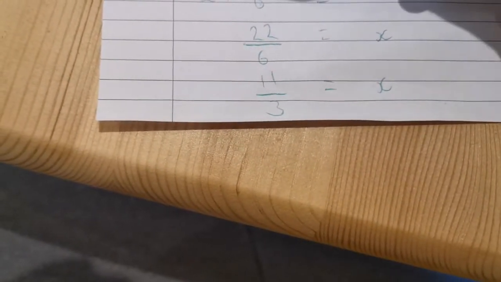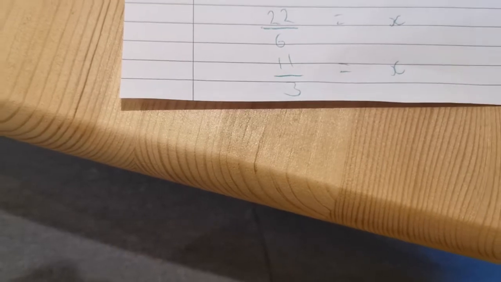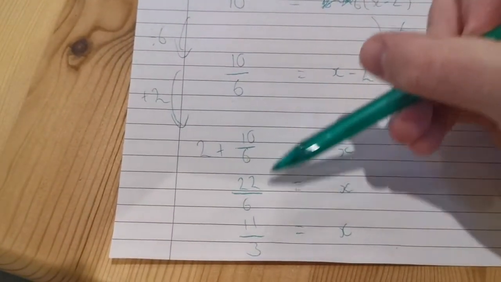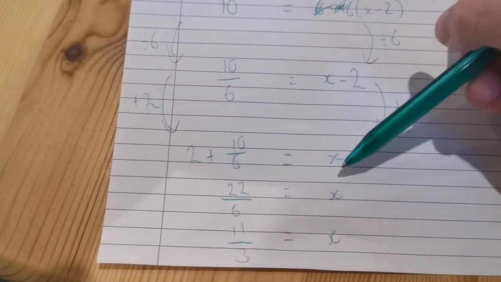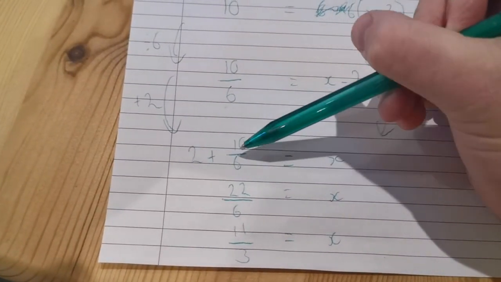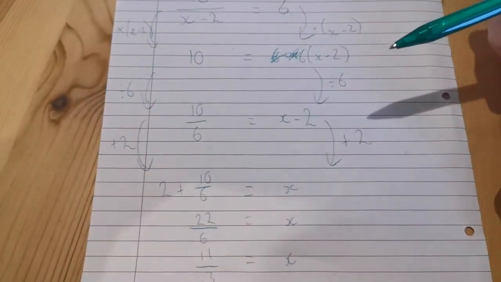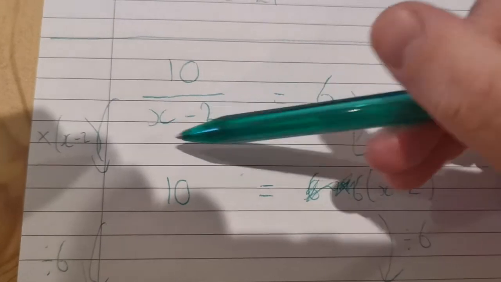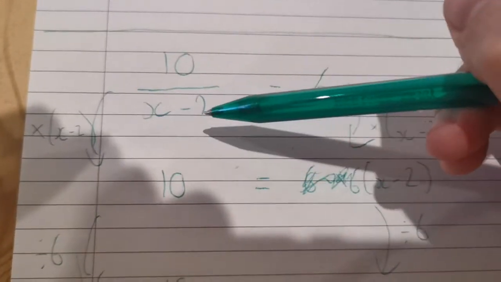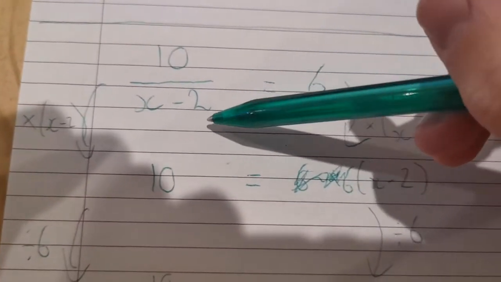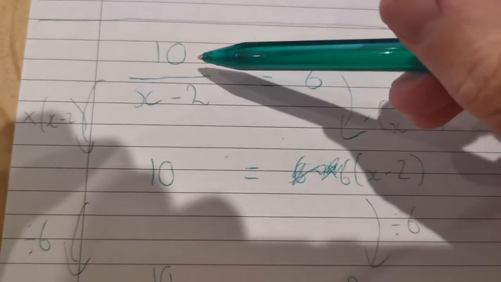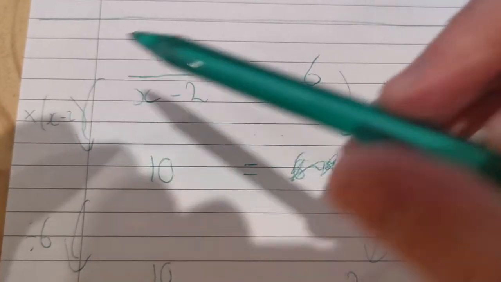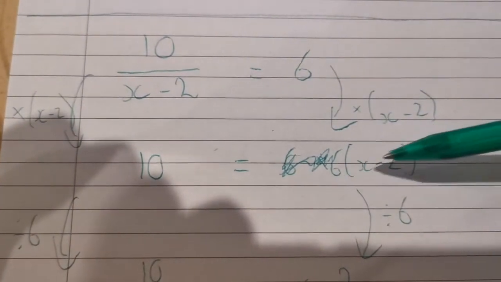Alternatively, I could have written that as 3 2/3, but you can see that this is kind of fraction work once we get to this stage, because we've got x on its own once we've got 2 plus 10 over 6. So the key to this is thinking, if we have a question which has x on the denominator, or x minus something or plus something, like 10 divided by x minus 2, we're going to multiply by whatever's on the bottom to then get it on this side.